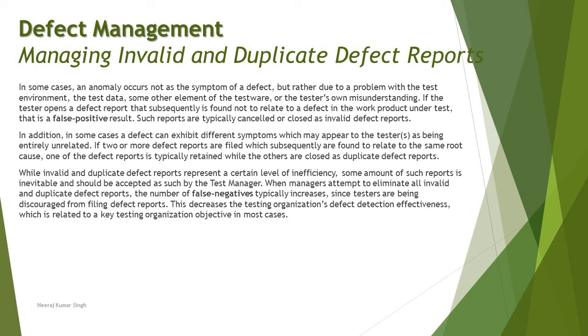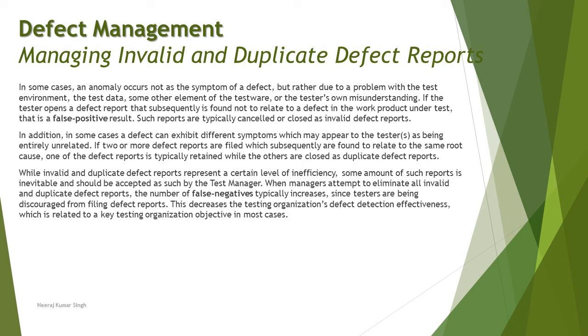Some of them must be considered for further analysis to see if there are any back-end actions taking place, while on the front end you may not see any abrupt behavior. That's where the testing organization's defect detection effectiveness has to be considered, which is related to a key testing organization objective in most cases.